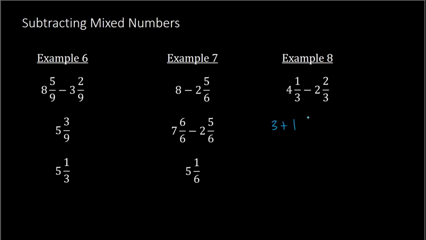Okay, so 4 is 3 plus 1, and then you have the 1/3. And then this 1 we want to write as a fraction, so we can put it together with this 1/3 to make it bigger. So the 1, just like we did over here in example 7, we want to write as something over 3 in this case, because all our fractions are in thirds.